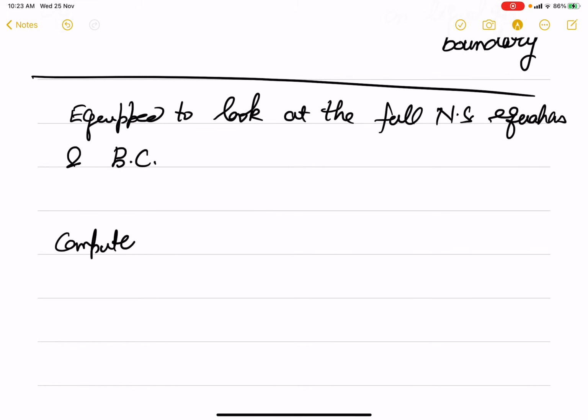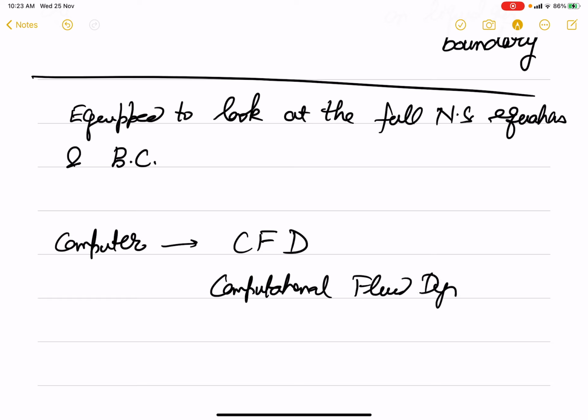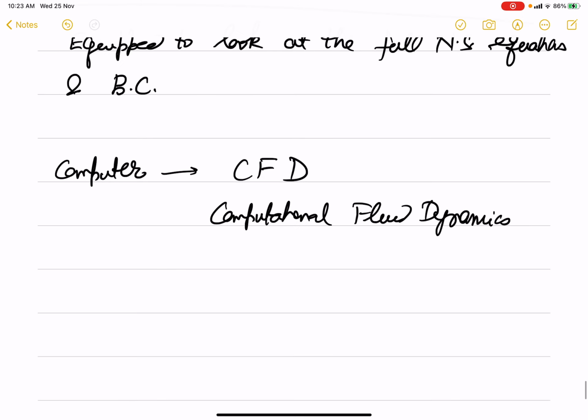We do not have full exact solutions, and we solve them using what we call CFD, computational fluid dynamics, and a lot of packages are available to solve these problems. But in all the packages, the input to the package is the boundary condition, and you have to specify the boundary condition.